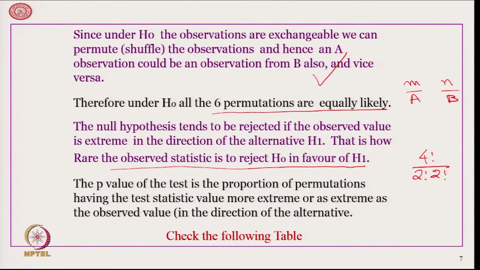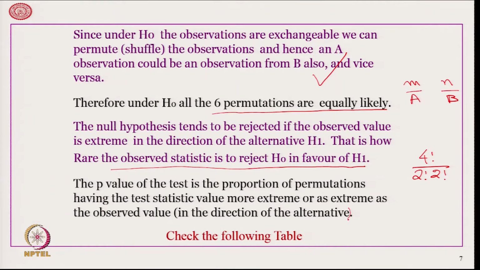We look at how rare it is, what is the probability of getting this value. If that is too small, then we are going to reject the null hypothesis. We will assume that actually mu A is giving lower performance in terms of grade improvement in comparison with curriculum B. The p value of the test is the proportion of permutations having the test statistic value more extreme or as extreme as the observed value in the direction of the alternative.